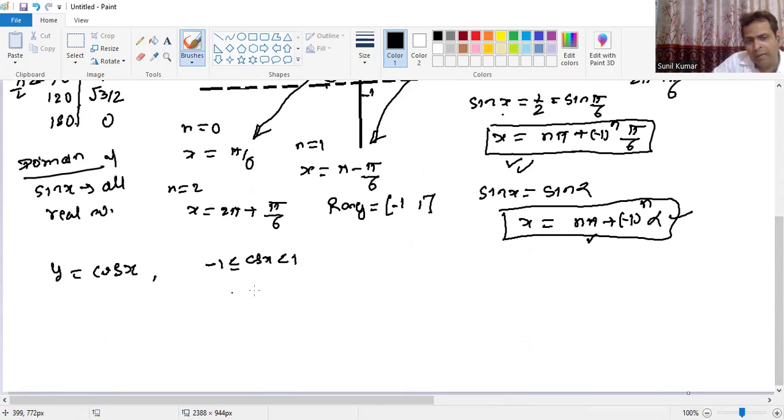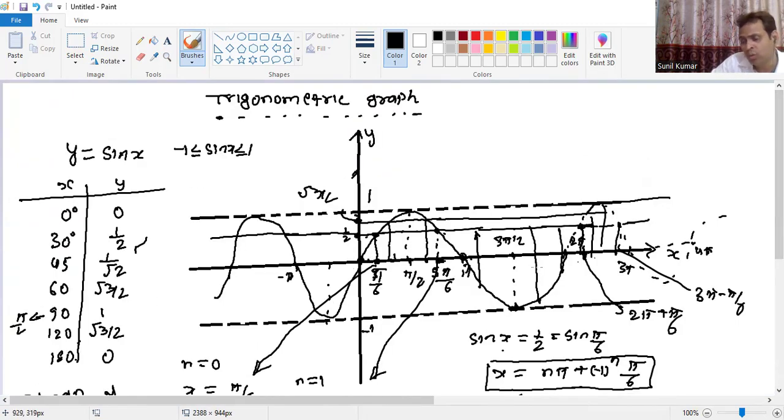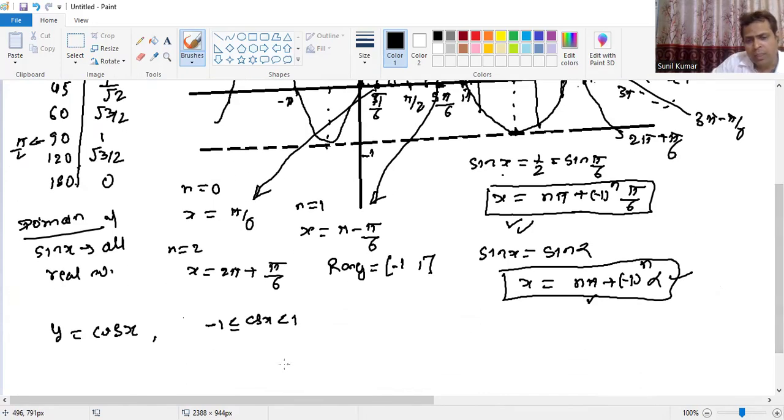And if you draw the cos graph, there is nothing much to do. If you know the sine graph, we can draw the cos graph also. How are we going to draw it? Just a basic concept.